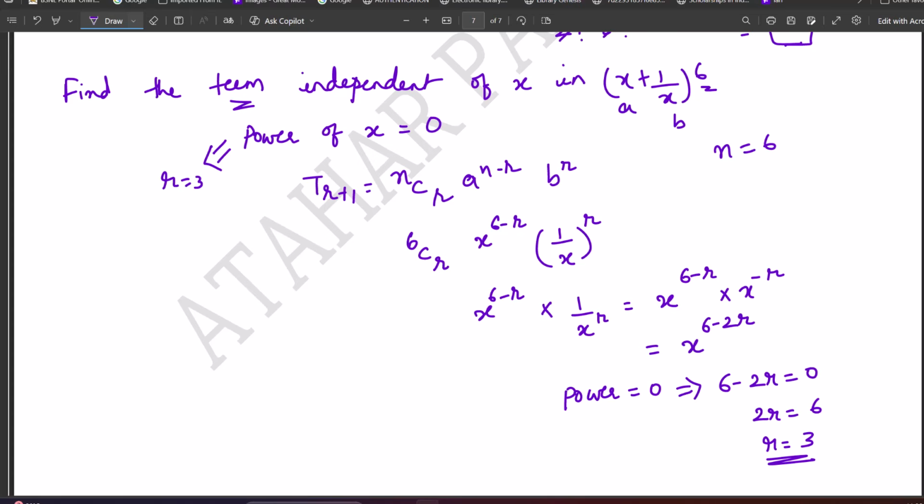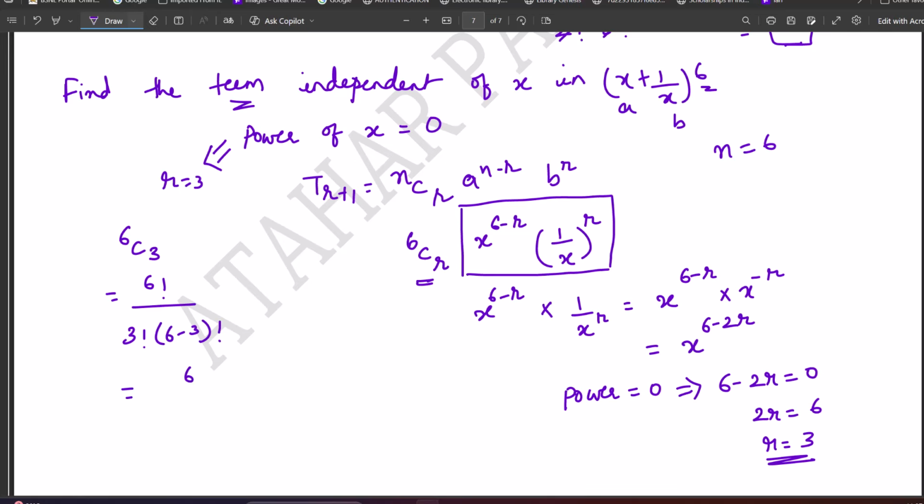Now if the power of x is equal to 0, all these terms will go, right? What is the term which is independent of x now? It is 6C r. So this is equal to 6 factorial by, what is r? r is 3 right now. So I will write 3 factorial into 6 minus 3 factorial.